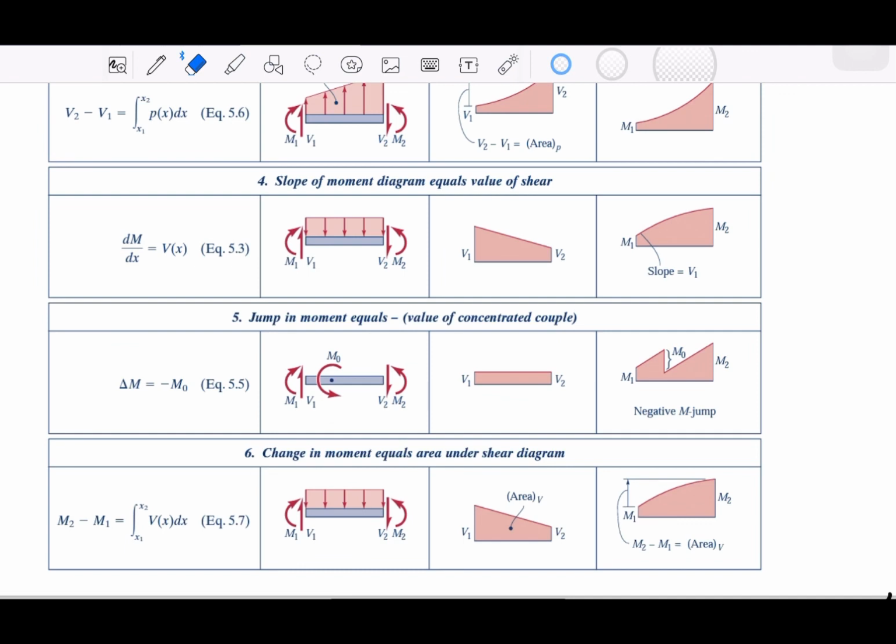Okay, I think that's all for today. I think we need more examples on the shear and moment. I will try my best to give a more practical approach so that we have an easier understanding of this concept.